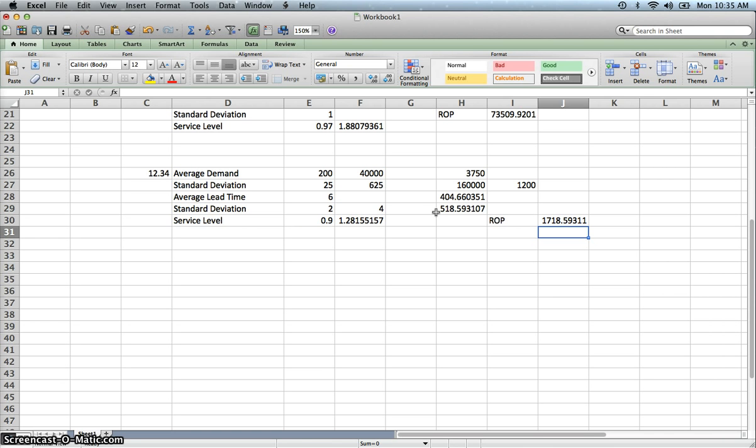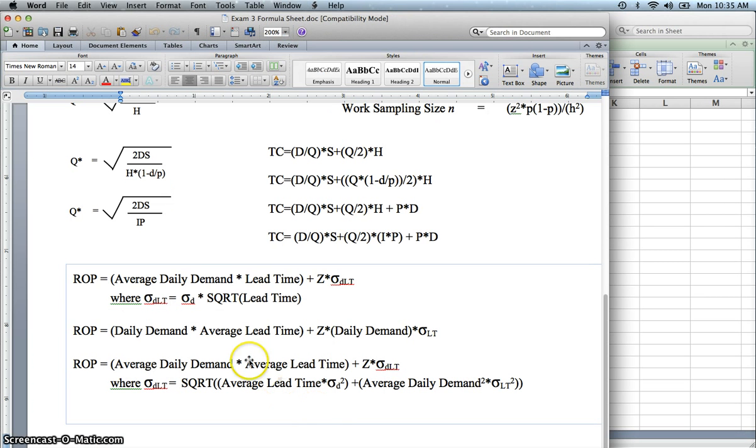The other three, and the formula is listed on your formula sheet. So like I said, the first one is simply a simplified version of this first one where they've already calculated the reorder point. They'll give you a confidence level that you'll find out the Z, and then you'll just multiply by the standard deviation of demand.